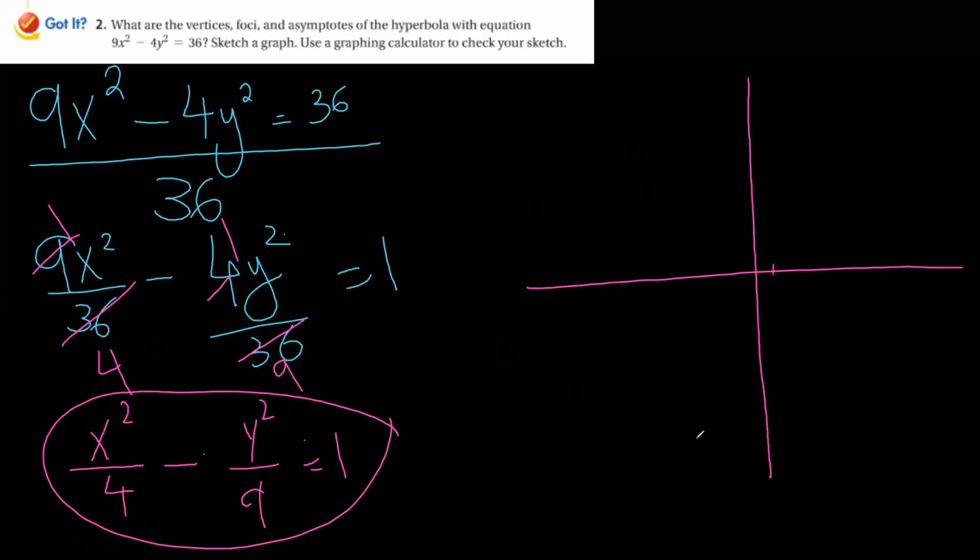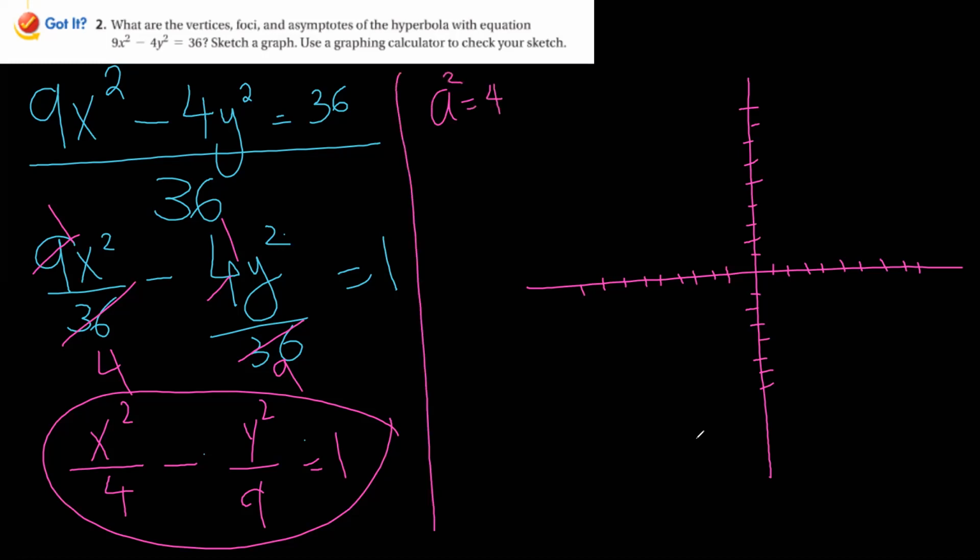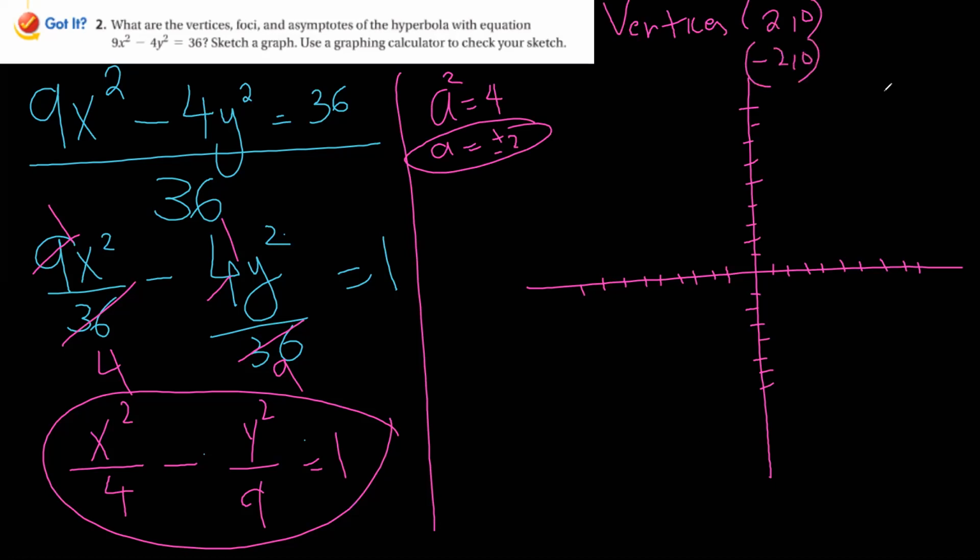Let's draw the axis now. x squared over 4, so a squared is 4, so a is positive, negative 2. Because of that, the vertices are (2, 0) and (negative 2, 0).